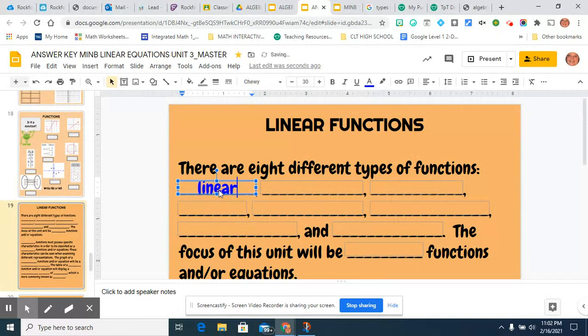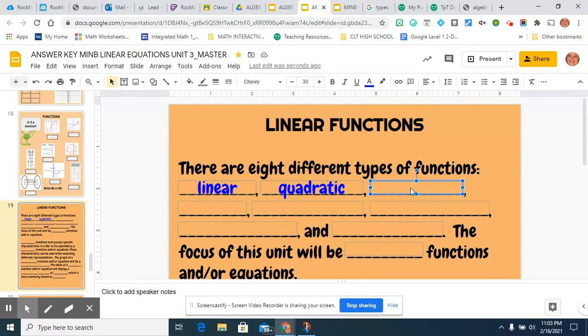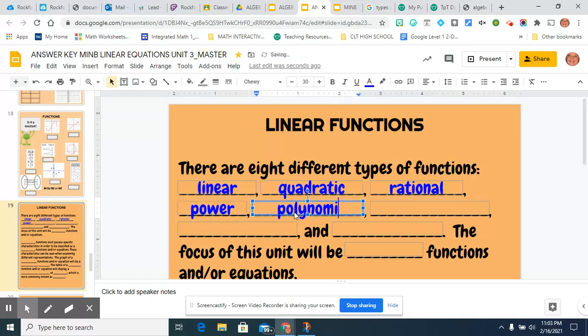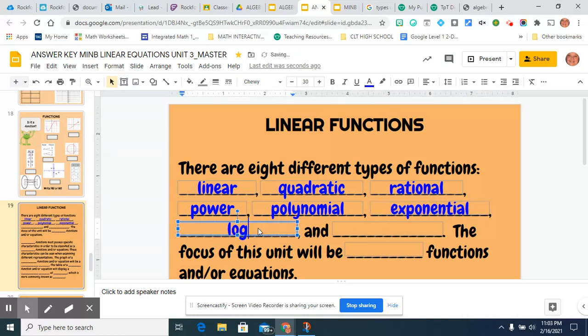So there are linear, quadratic, rational, power, polynomial, exponential, logarithmic, and sinusoidal.